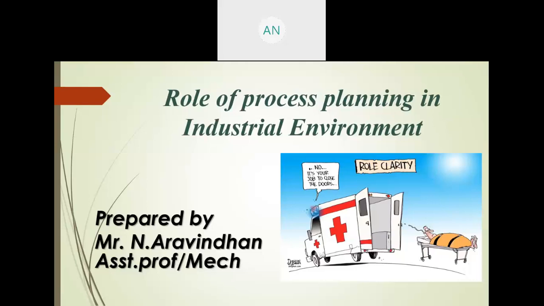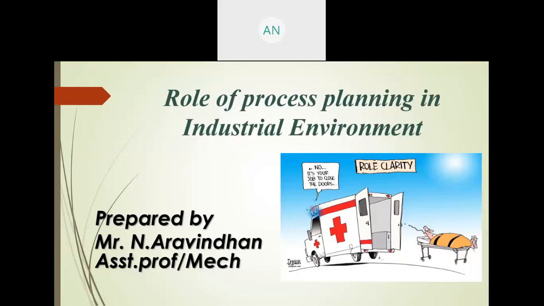The similar thing will happen in a manufacturing industry. If the role clarity has not been properly defined, then your production will turn into a dangerous one, because huge cranes and every kind of equipment are being used.